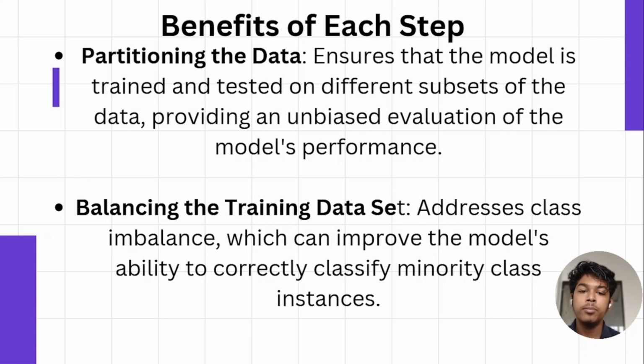After balancing the training data, we have addressed the imbalance of each class and correctly classify the minority class, and as discussed in previous steps, the model is trained on each class rather than focusing on a single class.